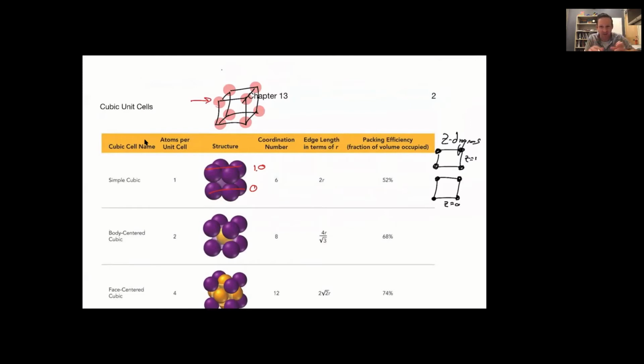Only 1/8 of it is within the unit cell, because another 1/8 would be in the neighboring unit cell like this. Another 1/8 would be in the unit cell in the front. Another 1/8 would be in the unit cell here in the front. And so that's 4 unit cells. And then you got to do the same thing on top. So you do 4 unit cells on the top.